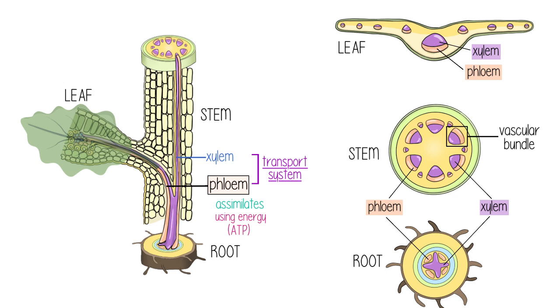In order to understand how transport occurs inside a plant, it is important to be familiar with the arrangement of the vascular bundle in all these structures. It also becomes important to recognize these different structures under a light microscope through the different arrangements of the vascular bundle within a leaf, a stem, and a root.